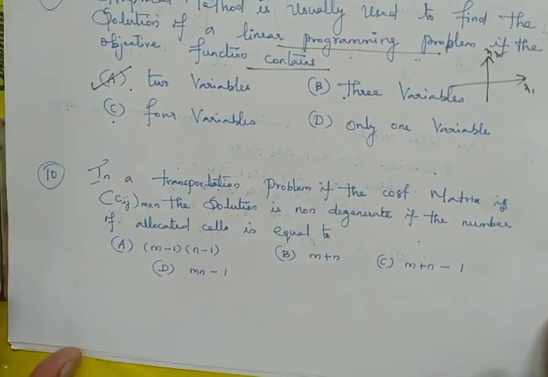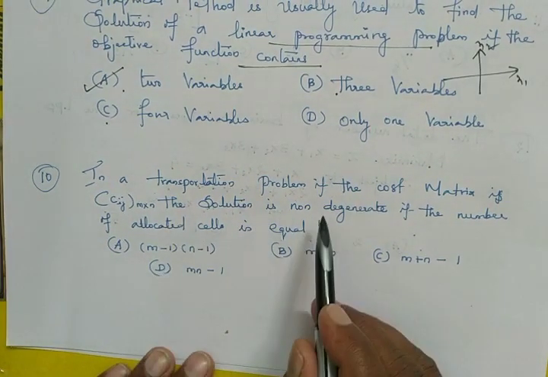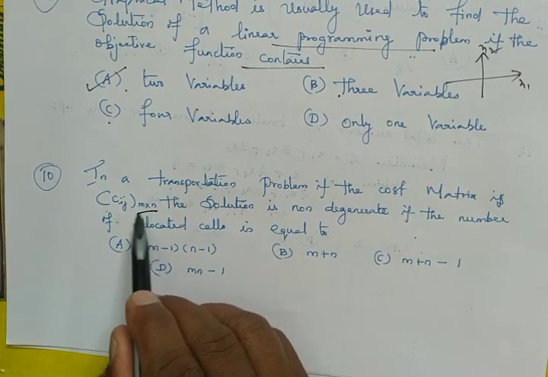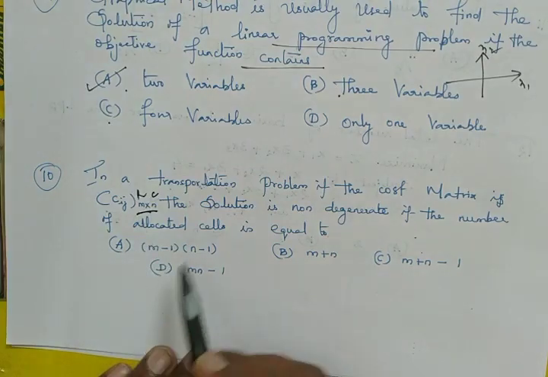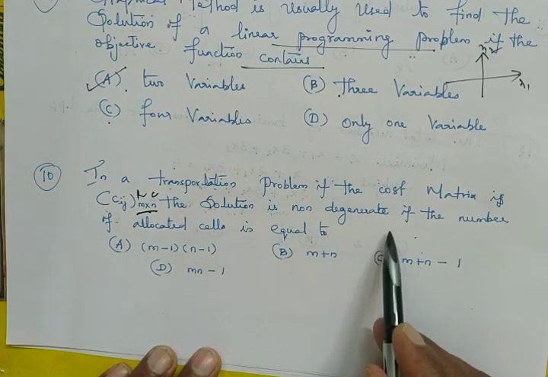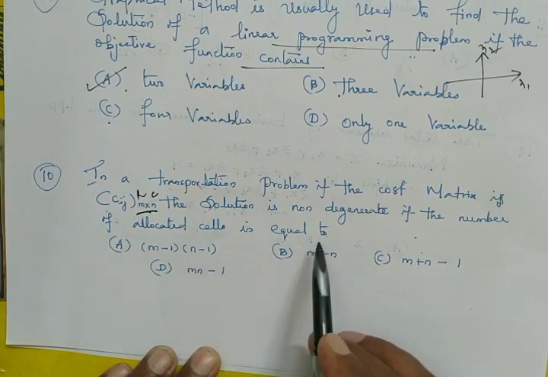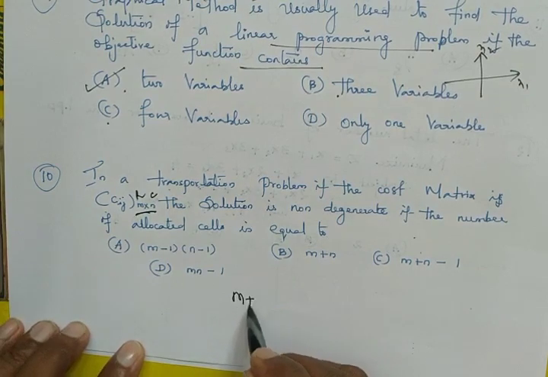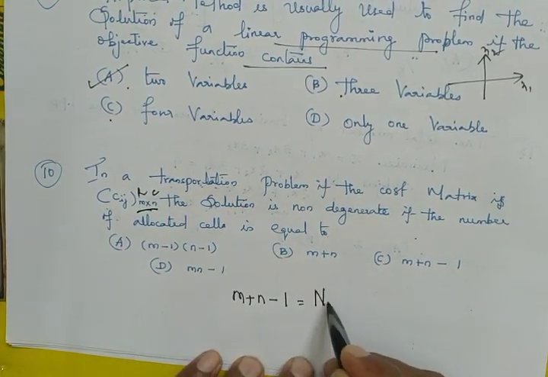Okay, now the next one is transportation. This is a question they repeatedly ask in competitive exams. In a transportation problem, if the cost matrix is given as m cross n, where m indicates rows and n indicates columns, the solution is non-degenerate if the number of allocated cells is equal to m plus n minus 1.